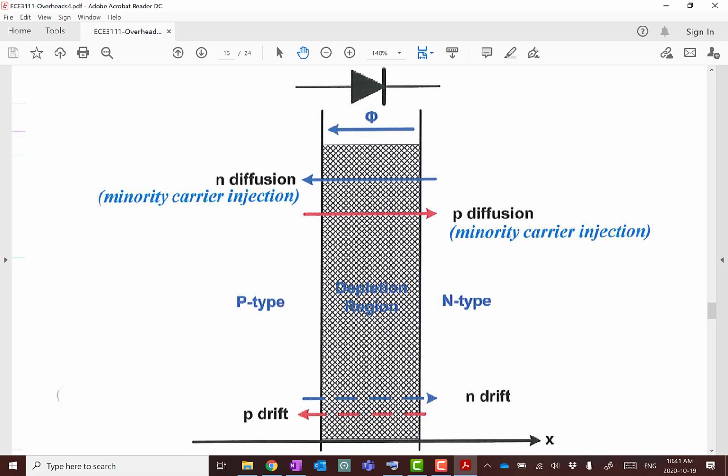So the electrons that are moving to the left due to diffusion will be exactly counteracted by electrons that move to the right due to drift, due to that electric potential.